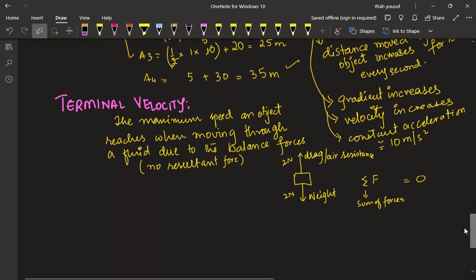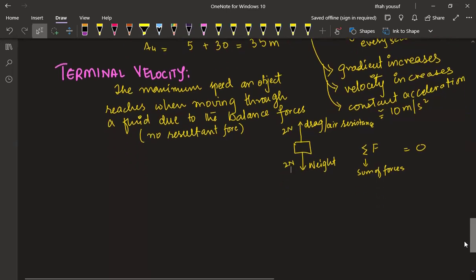If it is flying and it is coming down, initially the drag force is 0, right? When the body starts moving, what should be the magnitude of the drag force initially? The drag on the object. Yes.